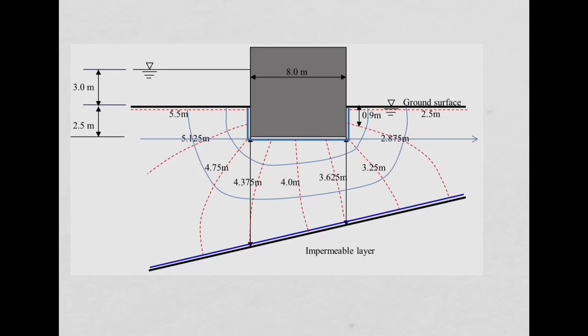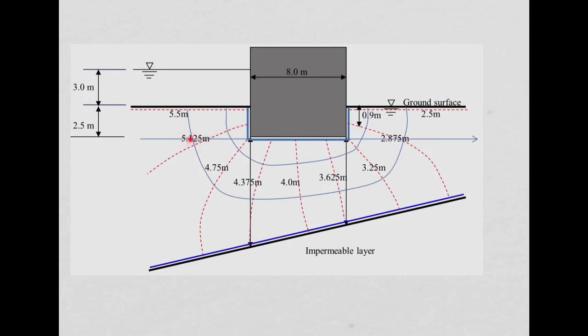Then I start drawing my first flow line, which is the shortest one, and the longest flow line along this boundary, and then the intermediate one, as I told you in the lecture.